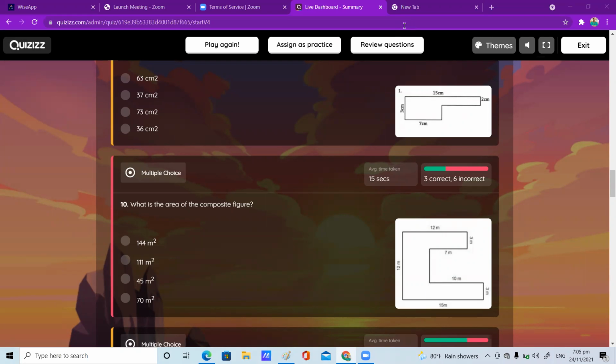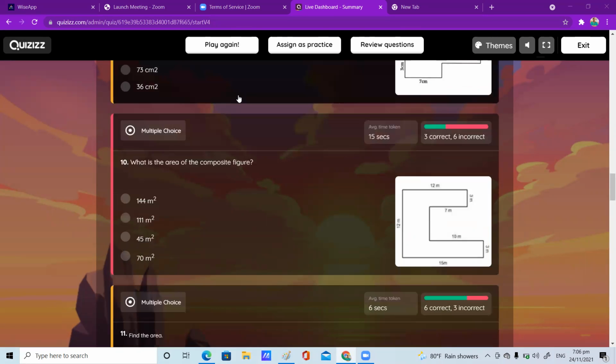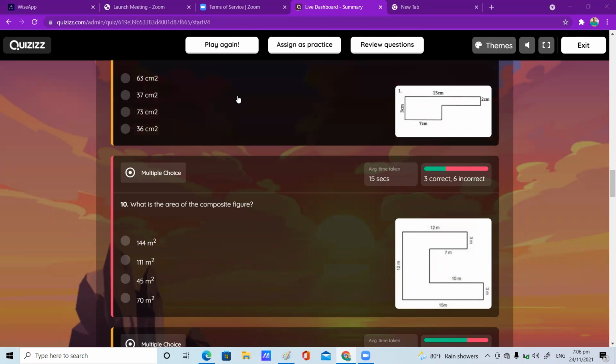If you add all these numbers, 12 into 3 plus 6 into 5 plus 10 into 3: 12 threes are 36, 6 fives are 30, plus 15 threes are 45.